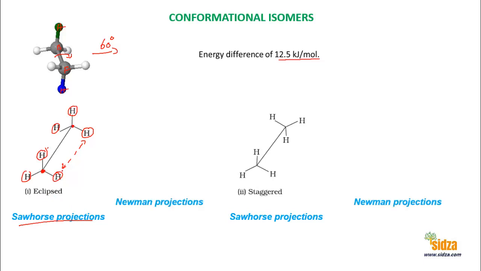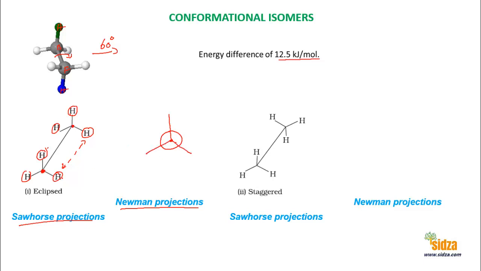We can represent the eclipsed state in the Newman projection also. And how do we do that? You take a circle which represents the back carbon, and the center here represents the front carbon. The atoms attached to the front carbon, you can show like this.